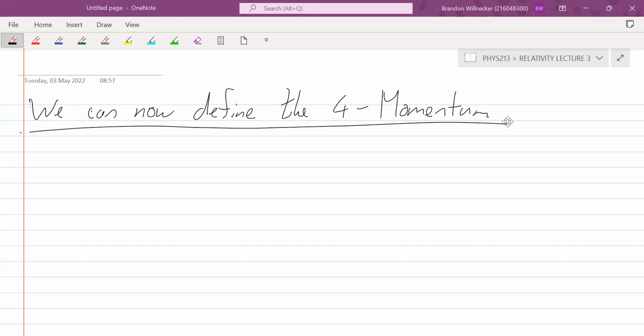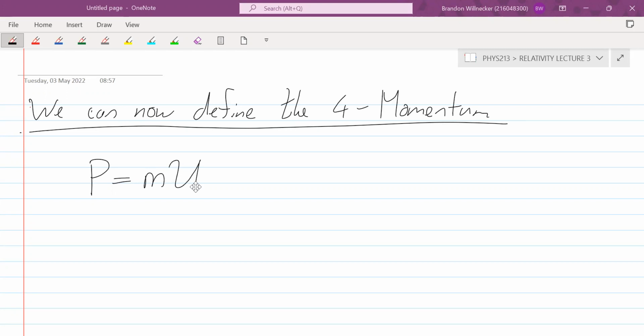In first year, you looked at normal velocity, you multiplied it by mass, and you got the momentum. We can do a similar thing here. We can define the 4 momentum P to be equal to the mass of the particle m times the 4 velocity u. That's just one way of defining it.